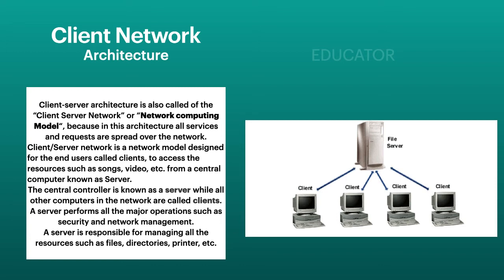A server is responsible for managing all the resources such as files, directories, and printers. We need permission, and that permission is only granted by the server. So the server is the central controller and we are clients. That is a very simple approach.